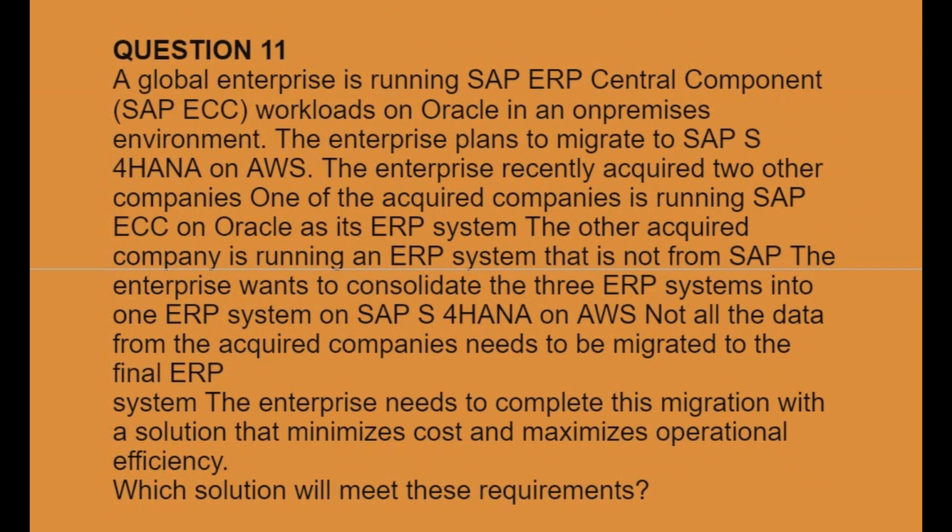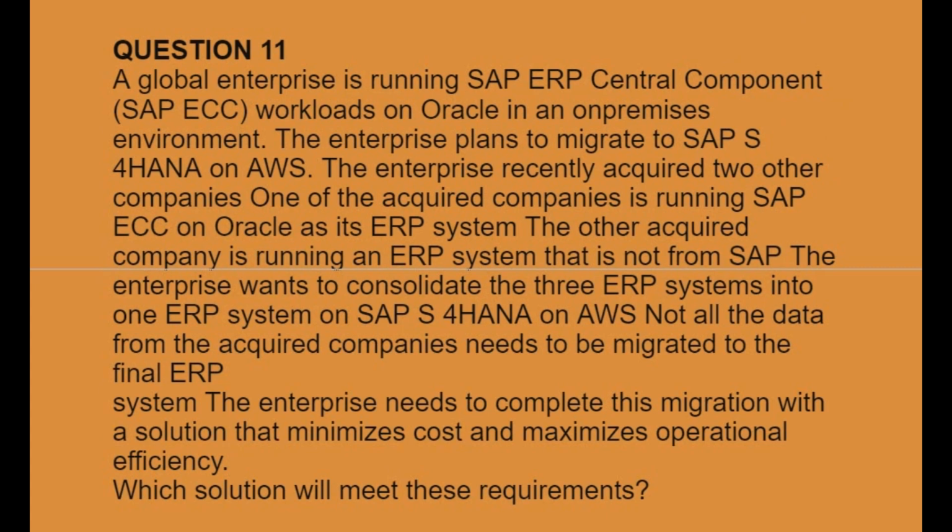Question is, a global enterprise is running SAP ERP Central Component (SAP ECC) workloads on Oracle in an on-premises environment. The enterprise plans to migrate to SAP S/4HANA on AWS. The enterprise recently acquired two other companies.